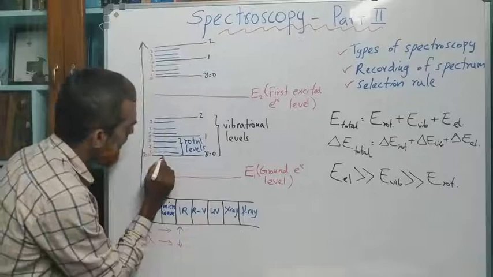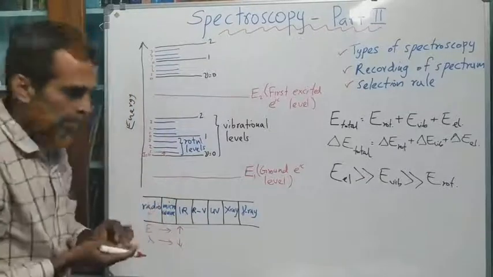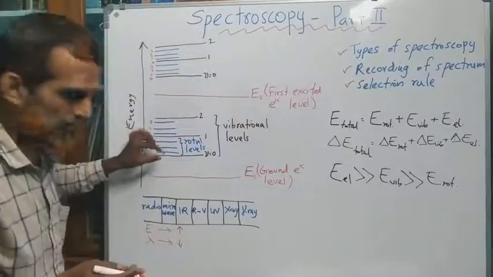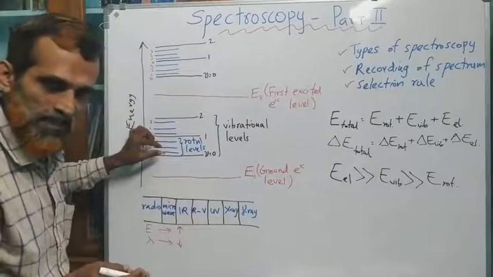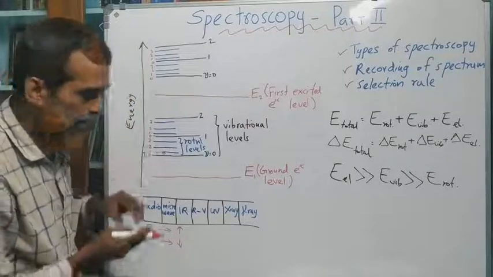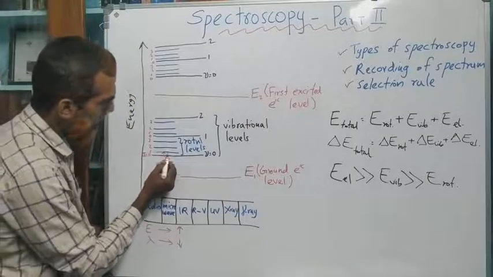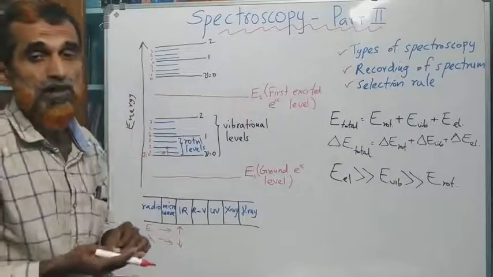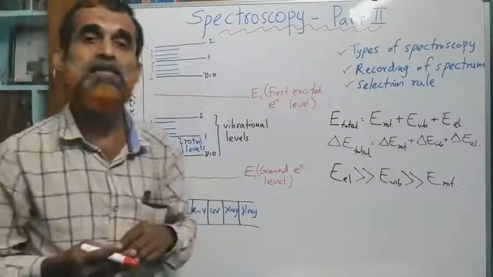Molecule can go to a higher vibration level like this, absorbing this much energy. So by absorbing this much energy, it can go to this vibration level, or by absorbing a little more energy, it can go to the next excited vibration level. So these are called vibrational transitions.